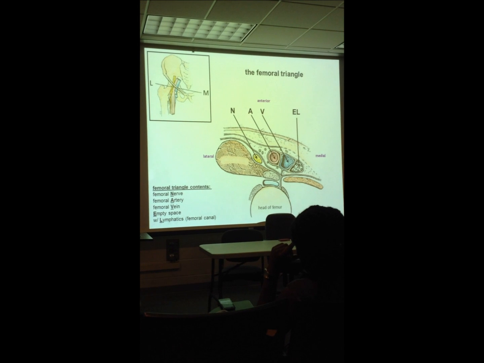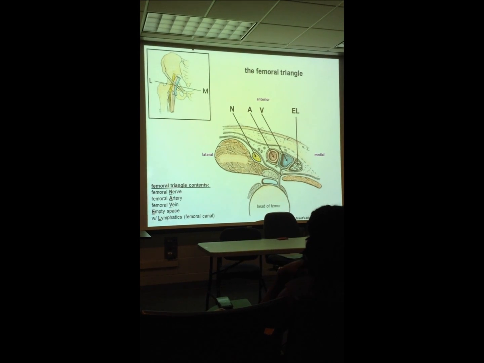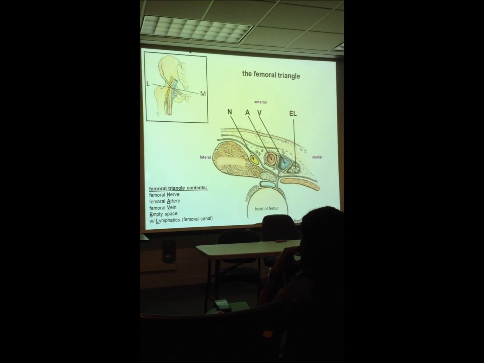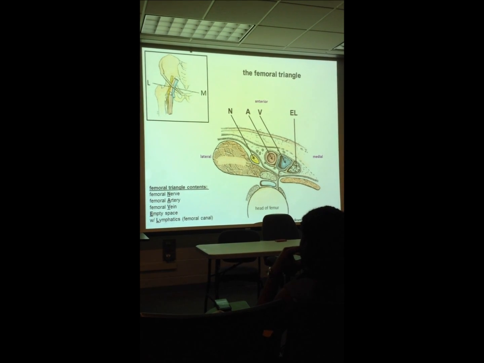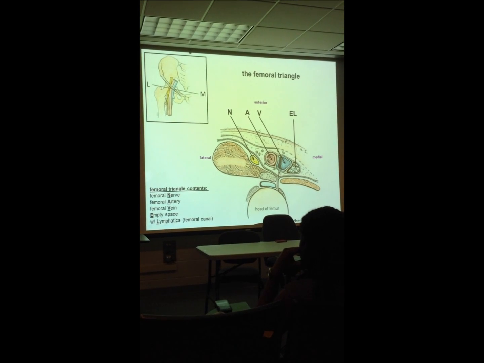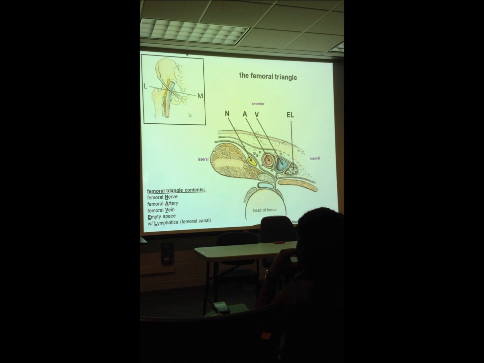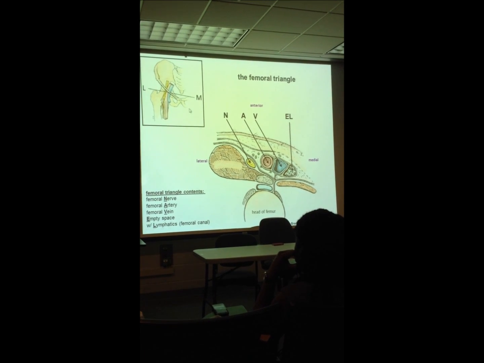Pretty astounding that they can do it that way. But they want to be very careful to stay away from the nerve and from the vein, and they know the nerve is lateral and the vein is medial. This one is going to have a nice pulse. This won't. This will be separated by a special septum here, the sheath. So that'll help also. But you do want to know the order of structures here.